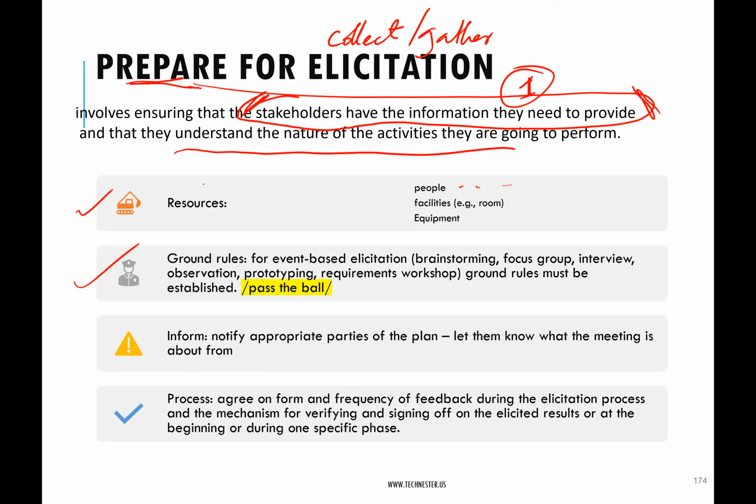Or you may say, we're going to use a pass the ball approach or pass the stick, where if you have the stick, nobody should interrupt whoever has the stick. You can only talk when you have the stick. And when you have the stick, you have the floor, so you can talk. Now, why do you need ground rules? You see, human nature, we have different types of people.